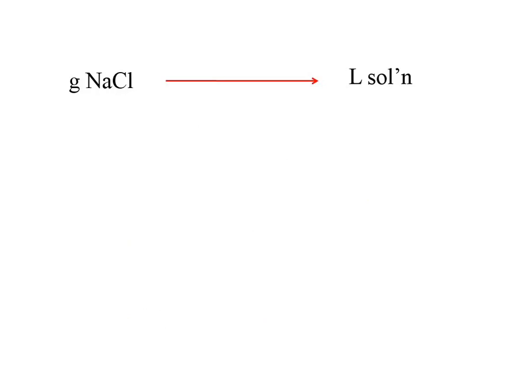So if we were to map out this problem, it looks like this. We're going to go straight from the grams of NaCl to the liters of solution using the concentration that was given. And I went ahead and flattened it out here so we can make whatever ratio we need. The first term is the thing we want to convert, and we put it over 1.